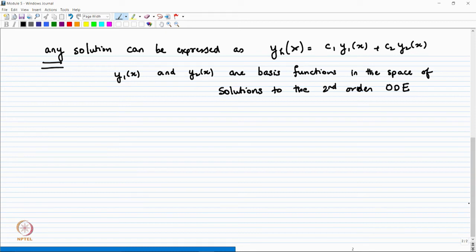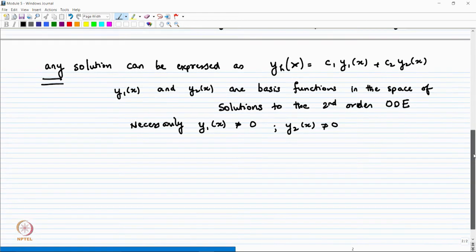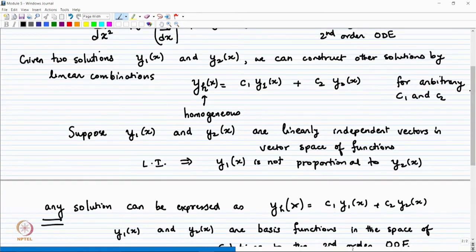In order for y1 of x and y2 of x to be a basis, it is necessary that y1 of x not equal to 0 and y2 of x not equal to 0. These should not be equal to 0, because 0 is also a solution of this homogeneous differential equation.